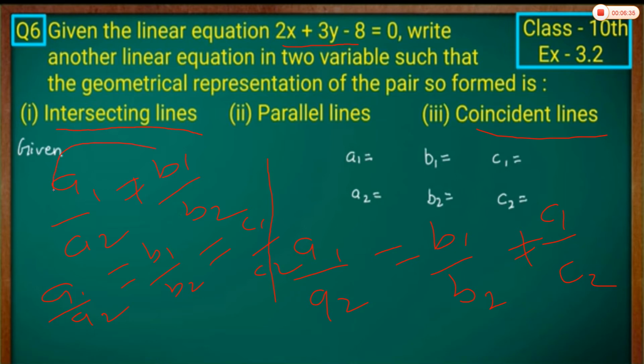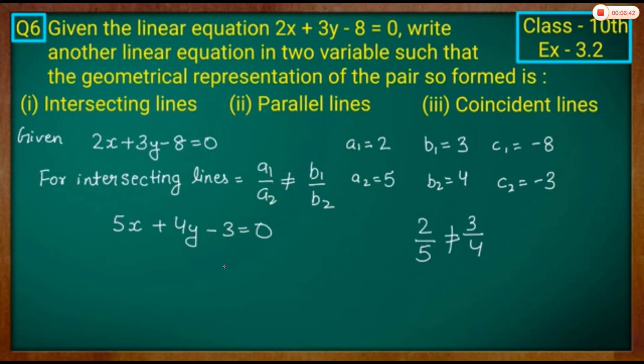Now let's write the equations. The given equation is 2x plus 3y minus 8 equal to 0. Now a1 equals 2, b1 equals 3 and c1 equals minus 8.